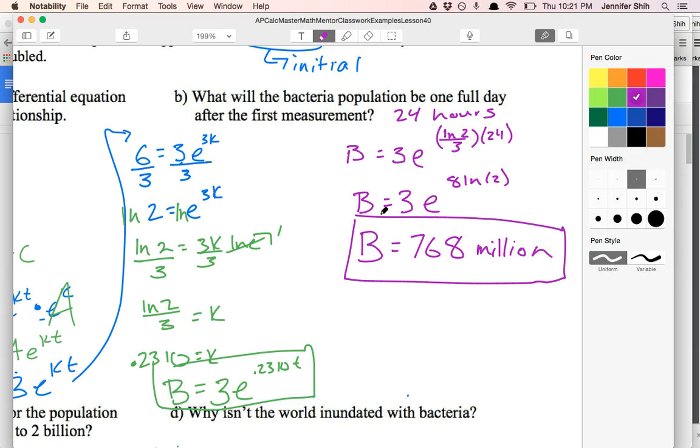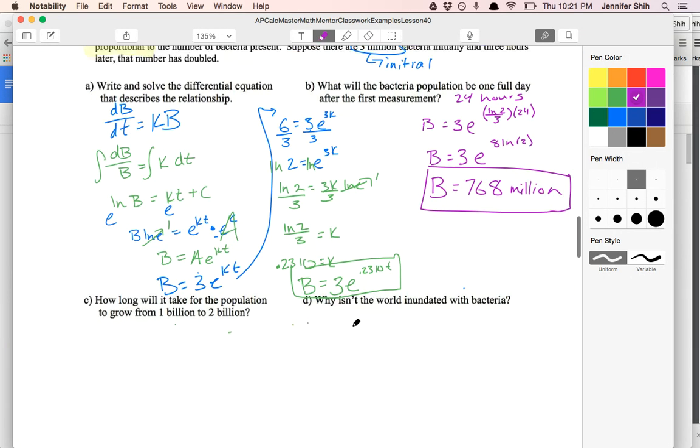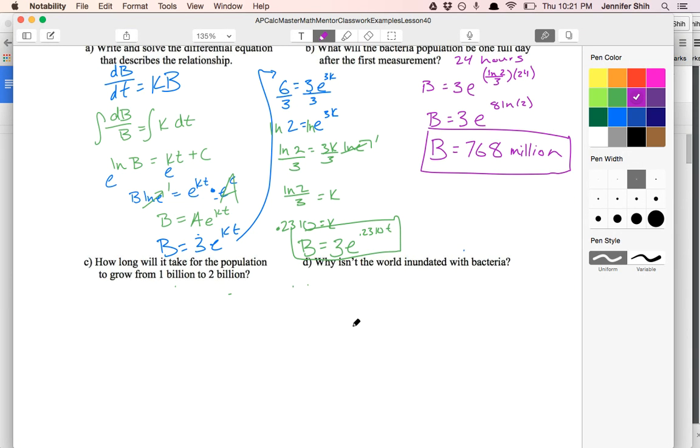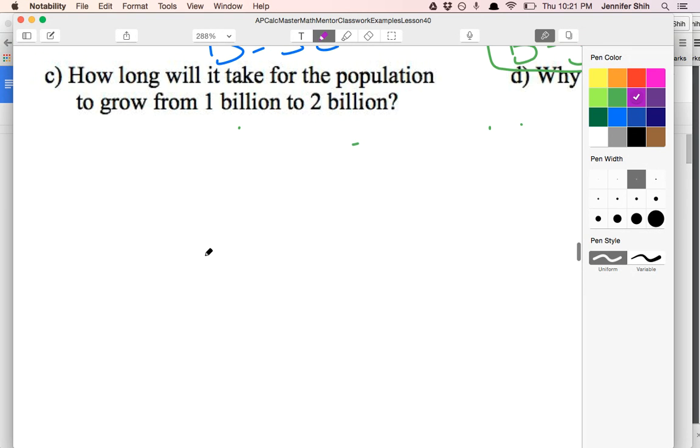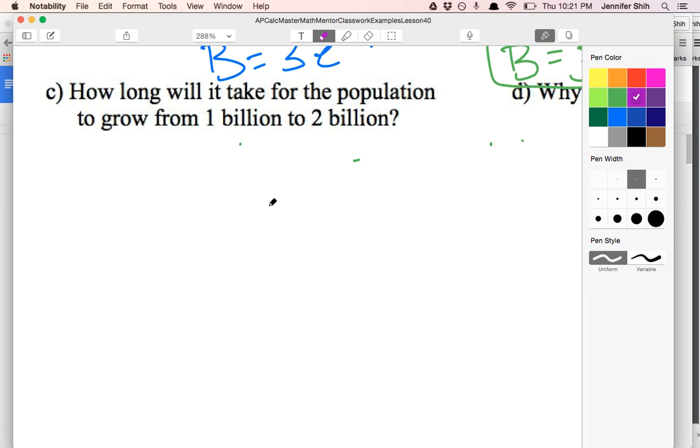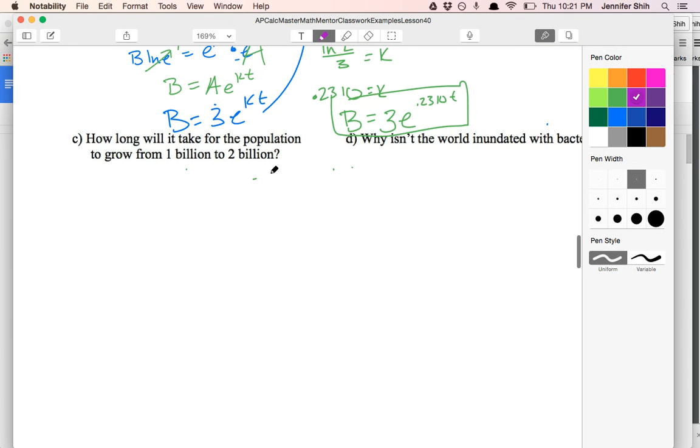All right, next part. How long will it take the population to grow from 1 billion to 2 billion? One of the things that we have to note right now, here's our equation. I'll just rewrite it. Our equation is B is equal to 3e to the 0.2310t.